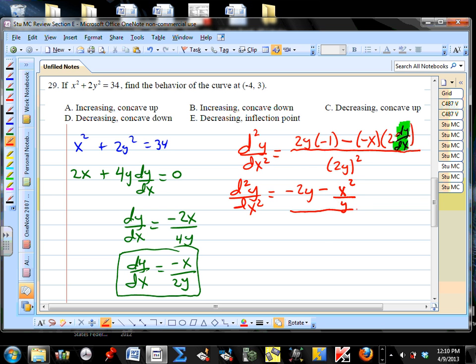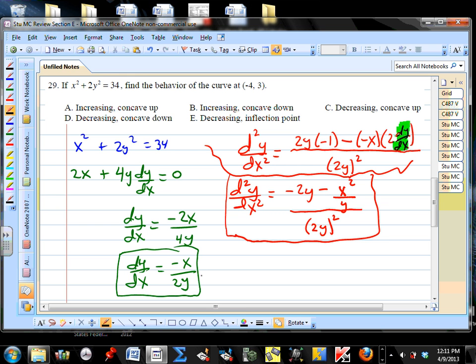Okay, and that's all over 2 times y quantity squared. Now, we typically don't like to leave a fraction inside of a fraction. If we were just finding the derivative, we would simplify this further, but we're going to be putting values of x and y in, so we can leave it like this for now.